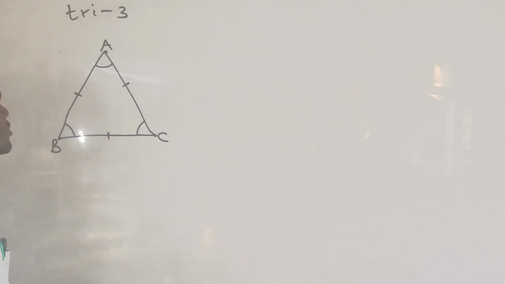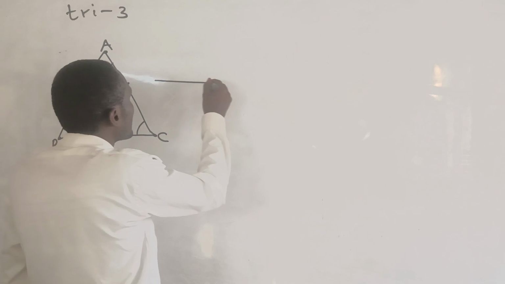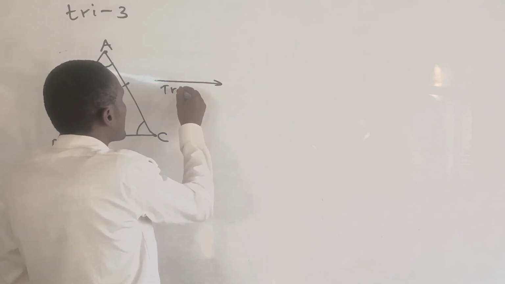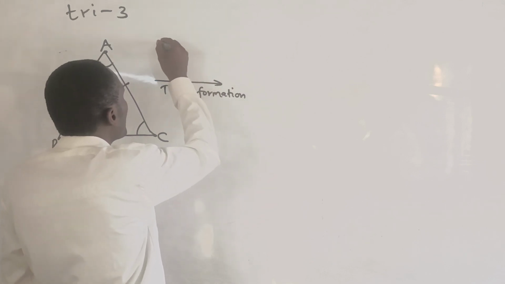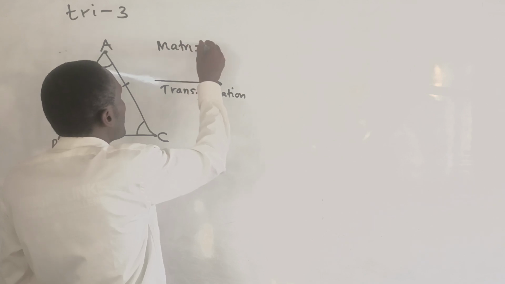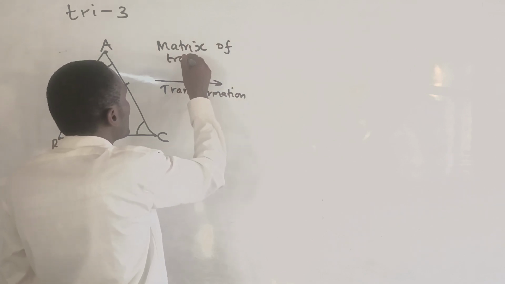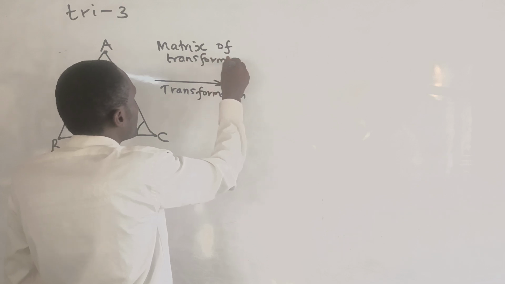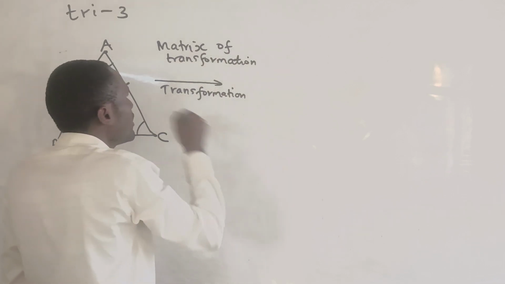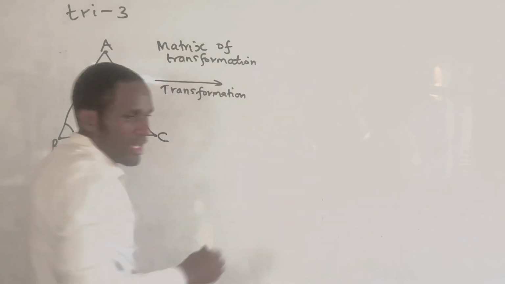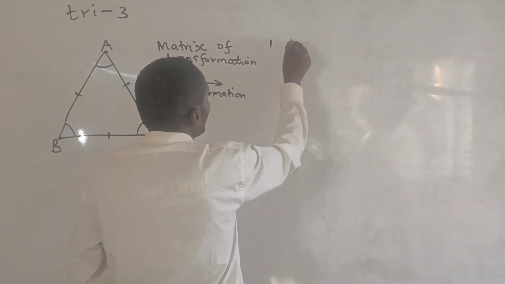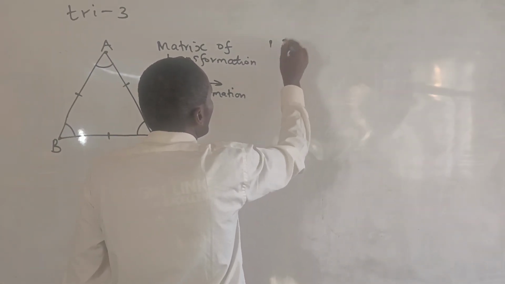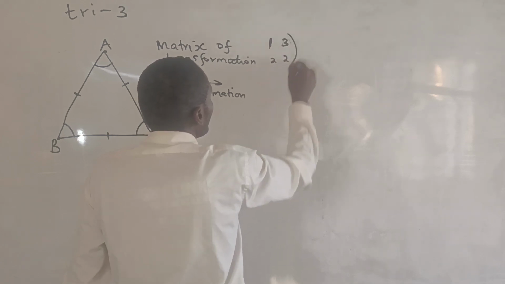We have been told that this triangle has undergone a particular transformation, and that the matrix of transformation is given as a 2 by 2 matrix, which is 1, 3, 2, 2.